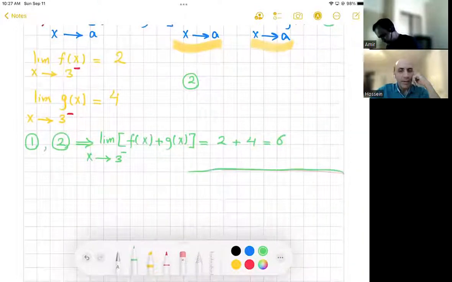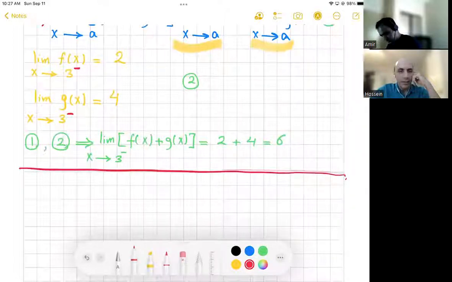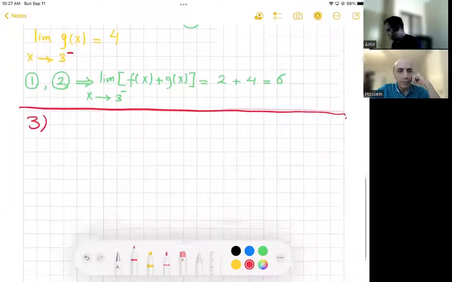Do we have a theorem in calculus for composite functions? Yes, we do. That would be great if you can write it down for the viewers. Sure.